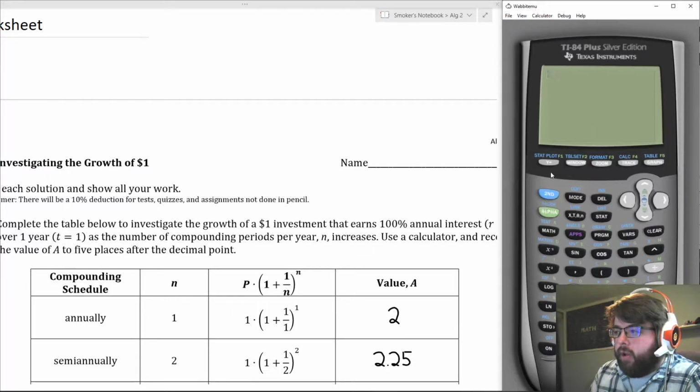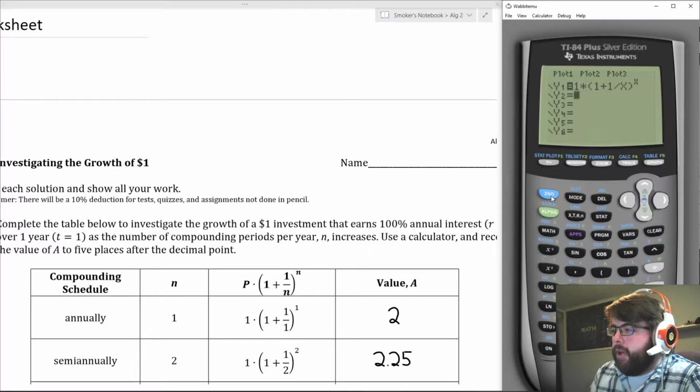But on my graphing calculator, I'm going to actually do something where I'm going to put 1 times (1 plus 1 divided by x), raised to the x, in the y equals area.